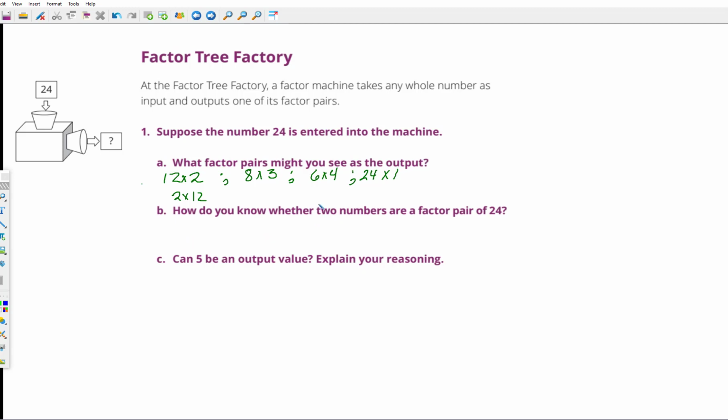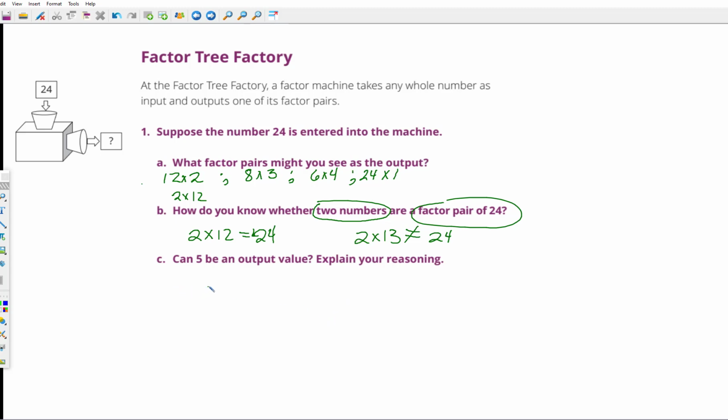How did you know if those 2 numbers are a factor pair? Because they multiply to equal 24. 2 times 12 equals 24. 2 times 13 doesn't equal 24. That's how we know.